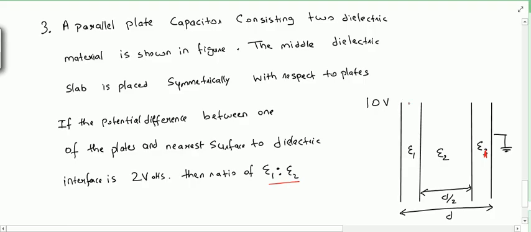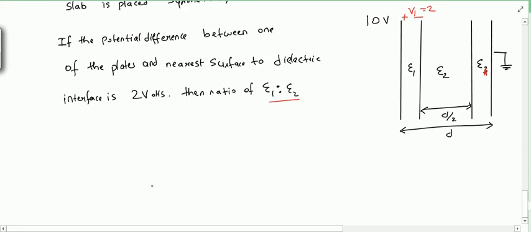So the potential difference between these plates will be 2 volts, and what combination do you feel this is having? This is like capacitors connected in series. Suppose this is C1, this is C2, this is C3.